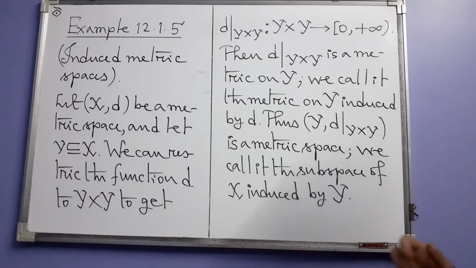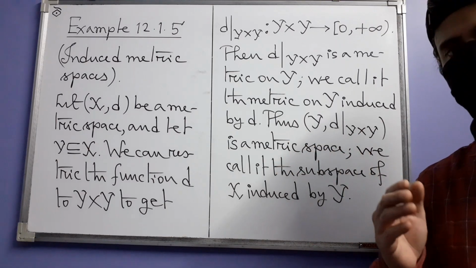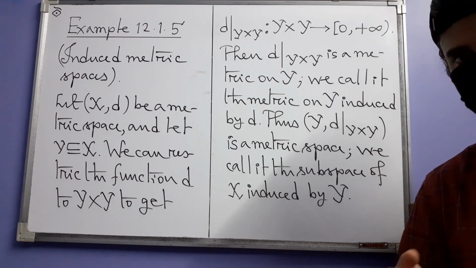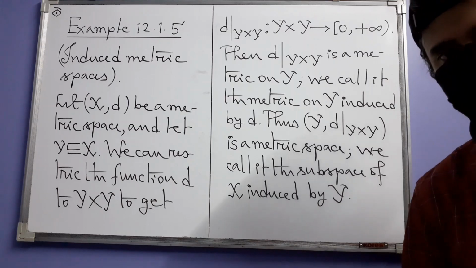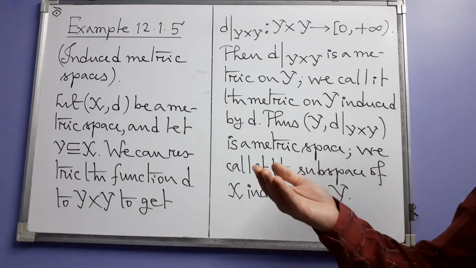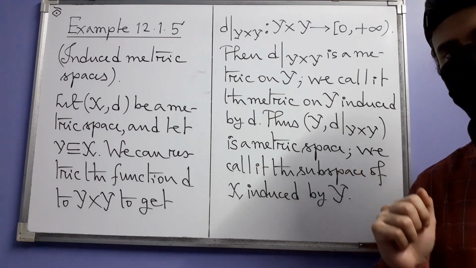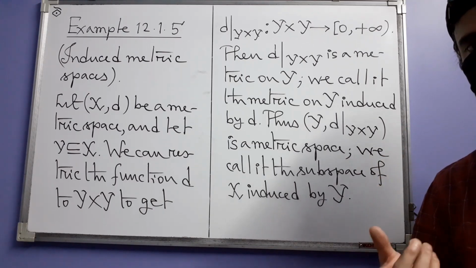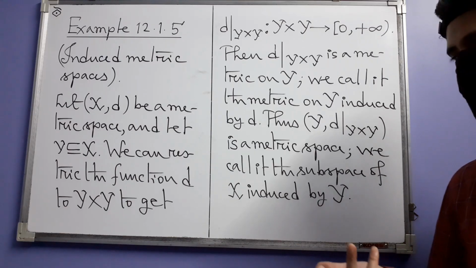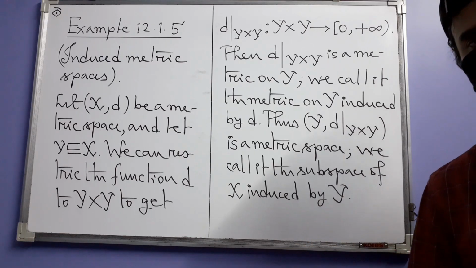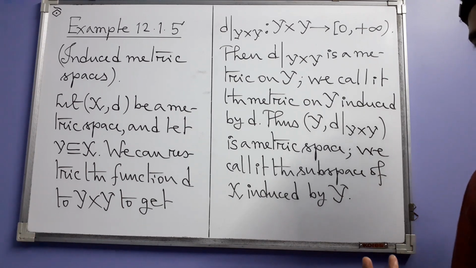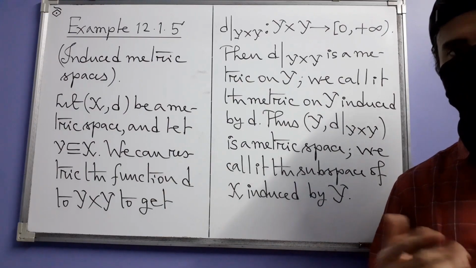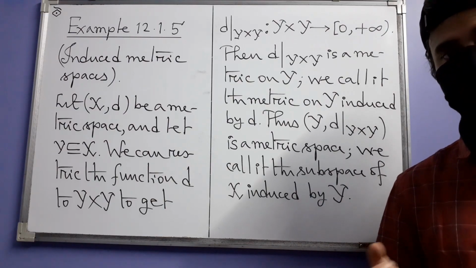So this way, if a metric space is given, any subset forms a subspace, and in that way we get other metric spaces. For example, if you take the real line, that is the usual set of real numbers with the standard metric, then any subset of it forms a subspace. That subset can be an interval, a closed interval, or any other familiar set, for example the set of natural numbers, the set of integers, in fact the set of rational numbers.